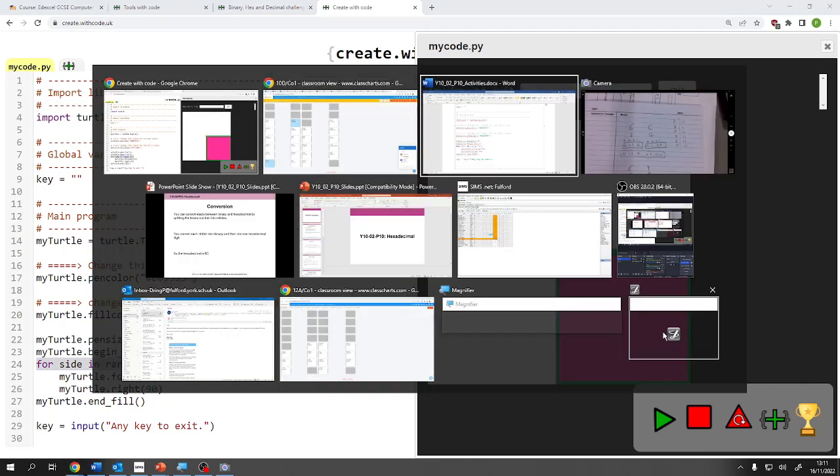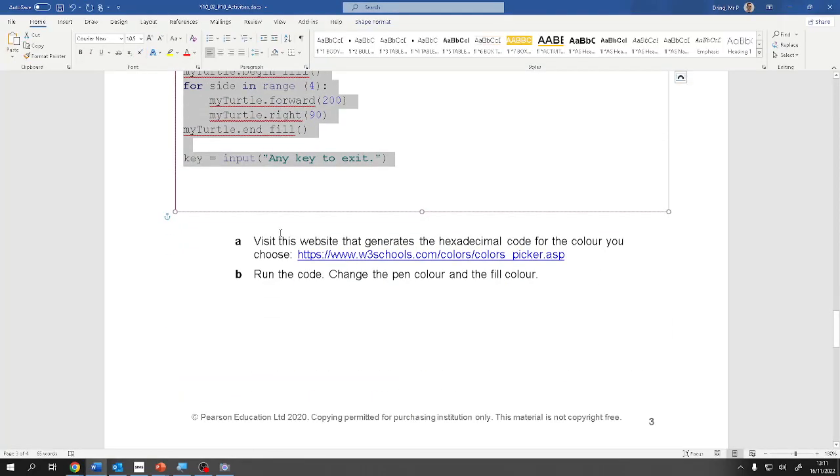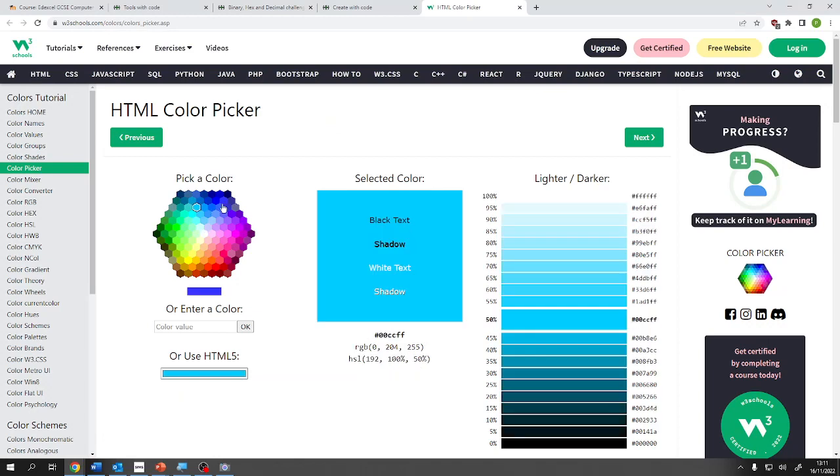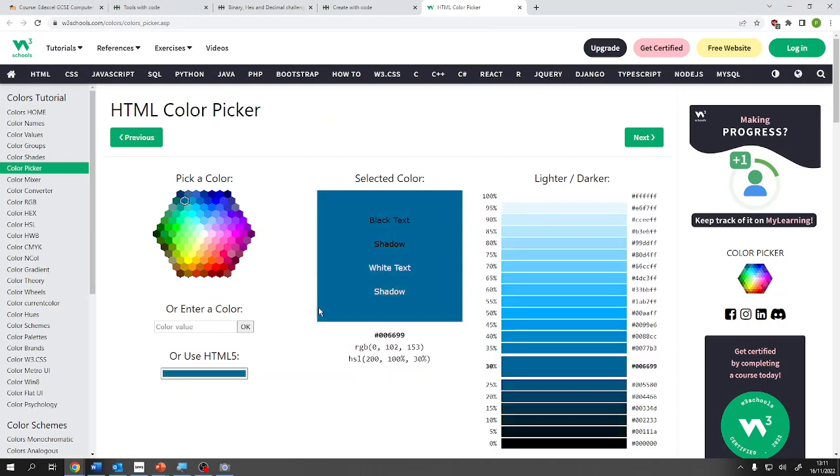So your job is to visit this website which generates hexadecimal colours. This link should work for you. And all of these have the colours in denary, in HSL, which you'll probably only understand if you choose iMedia. I'm not going to explain it today, and hex.